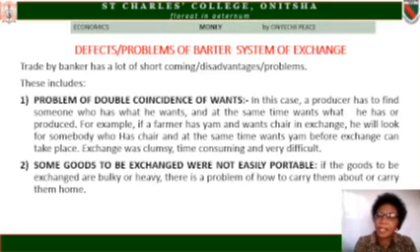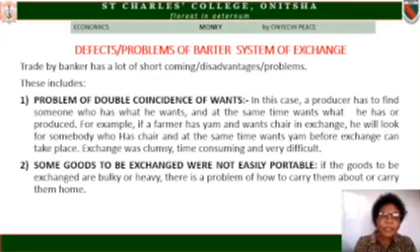In this case, a producer has to find someone who has what he wants and at the same time wants what he has or produced. For example, if a farmer has yam and wants share in exchange, he will look for somebody who has share and at the same time wants yam before exchange can take place. Exchange was clumsy, time-consuming, and very difficult.